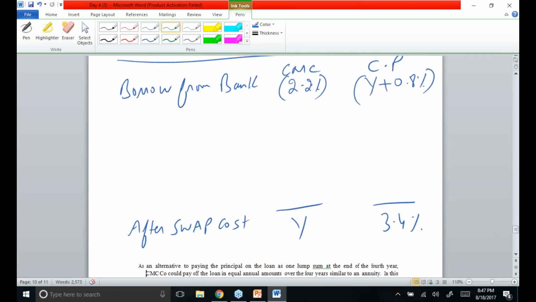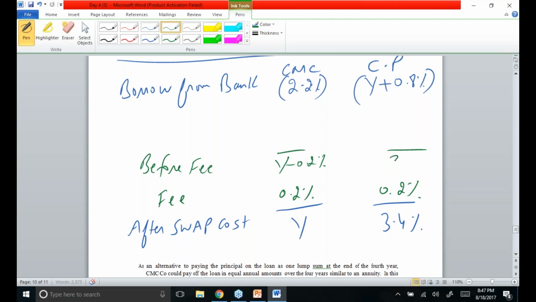Now, both of these companies have paid a fee of 0.2%. This fee is included in the final cost. So before fee, if 0.2% is included in the yield, before fee it will be yield minus 0.2, and it was 3.2%.